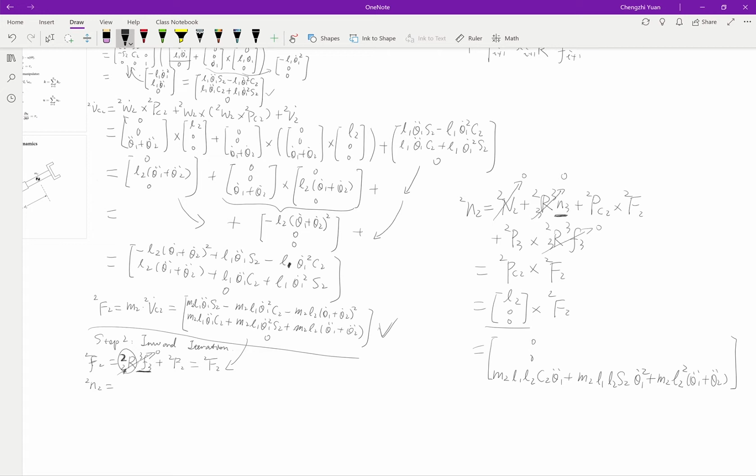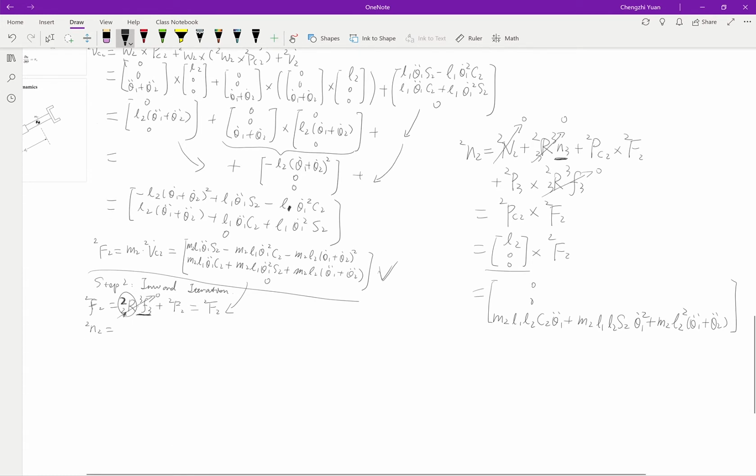After we have N_2^2 and F_2^2, the next step is to figure out F_1^1, how much force needs to be generated from the motors of the first link. F_1^1 equals R_2^1 F_2^2 plus capital F_1^1.